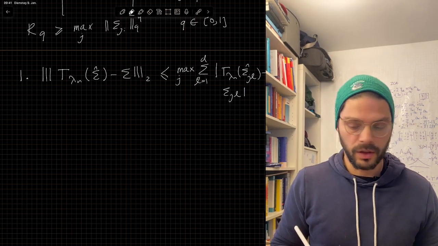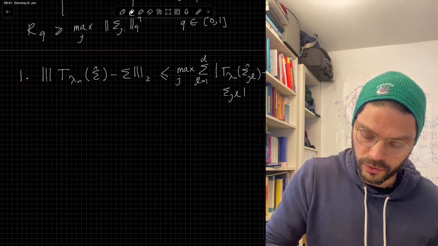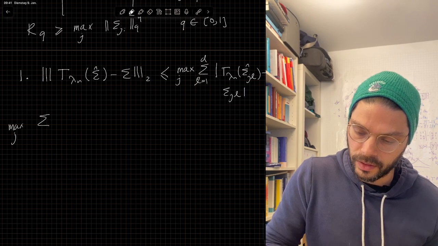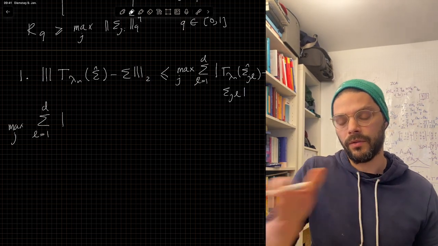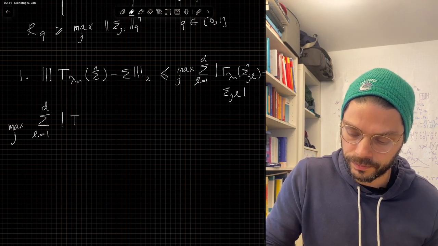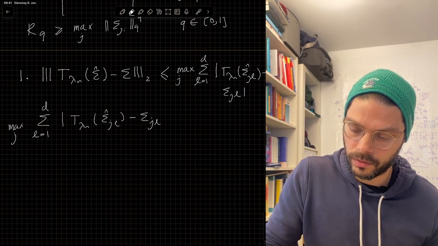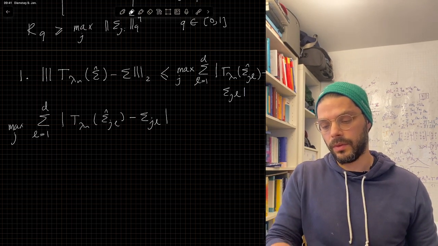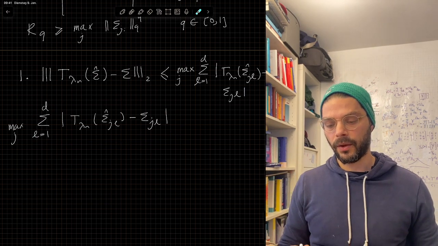So we're interested in this max over rows of this column sum of the differences along the columns.